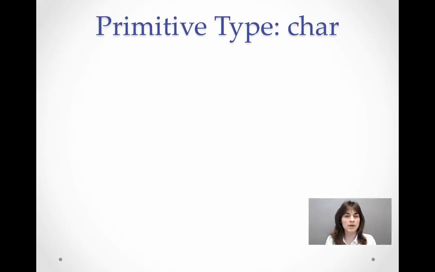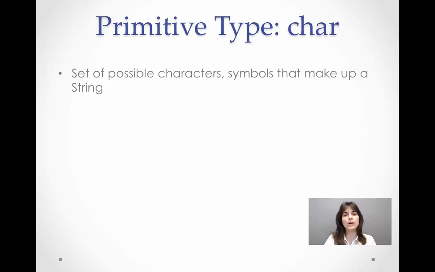When we introduced the primitive types, remember the chart where we had divided them into categories for integers, real representation, and then booleans. We also mentioned the char type, and this is the type through which we represent characters that make up a string.